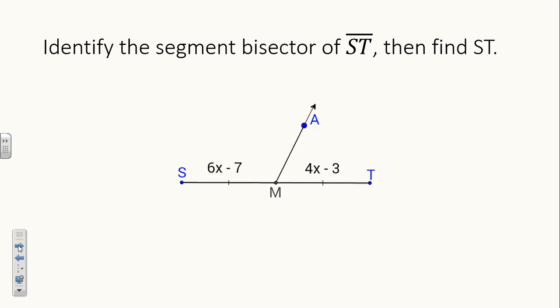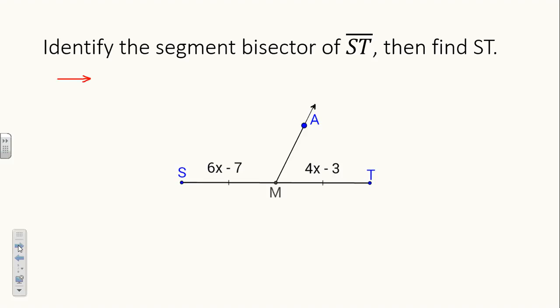We're going to identify the segment bisector of segment ST, and then we want to find the distance between S and T this time again. Okay? So, first of all, what is the segment bisector of ST? A ray, I like that. So what does my ray symbol look like? An arrow pointing in one direction, right?